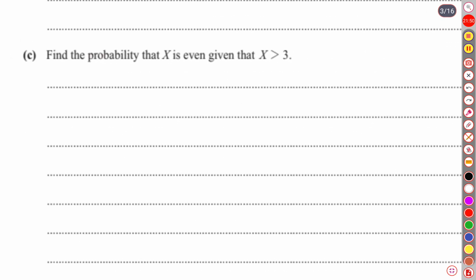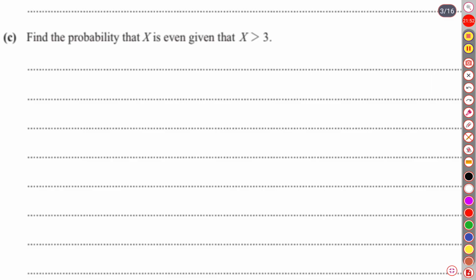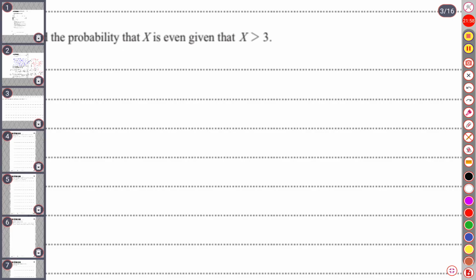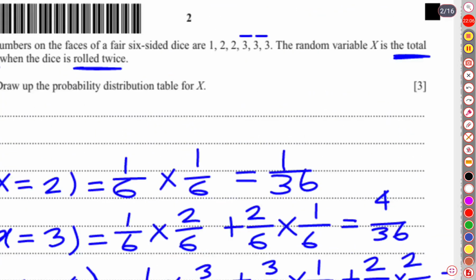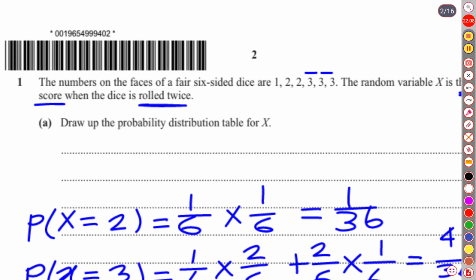So the dice has been rolled twice, and the scores are what? Let me show you once again. The faces were, yes, this one: one is once, two is two times, and three is three times. So 1, 2, 3, 3. These are the numbers written on the faces.